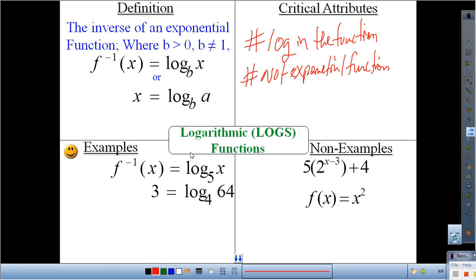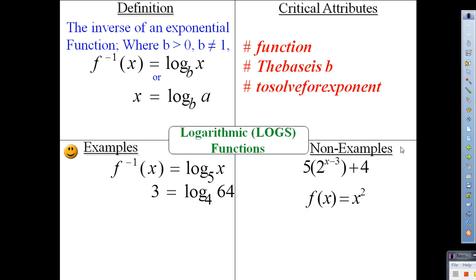So just write some hashtags as what you see that a logarithmic function looks like. That's fine. And I'm going to elaborate more on the logarithmic. All right? Okay. And yeah, B, I put also function. It is a function. The base is B. Yeah, base is B. To solve for an exponent.